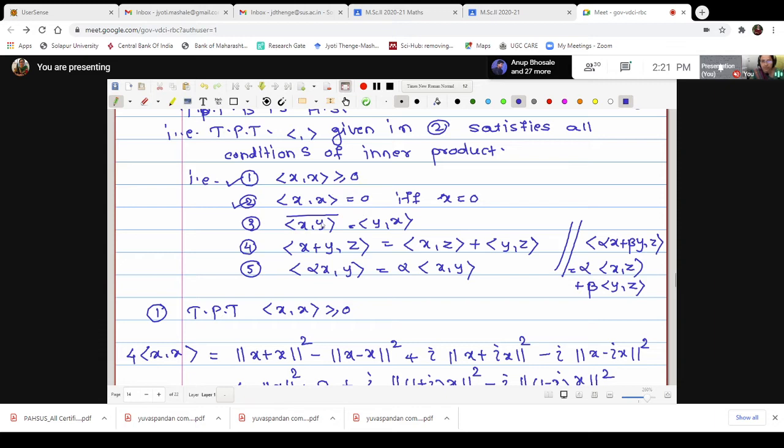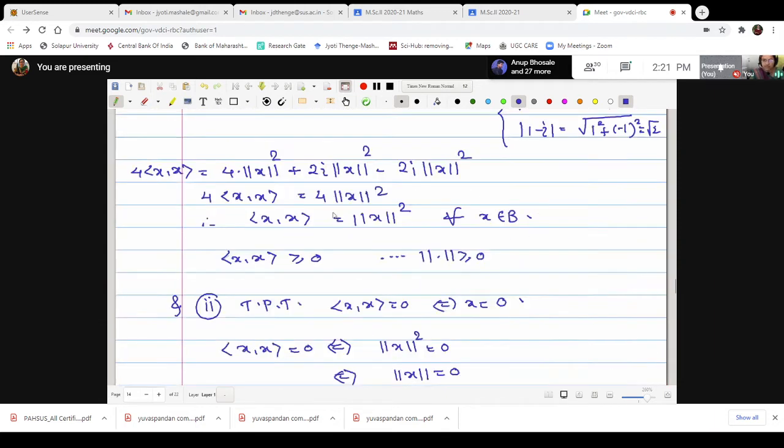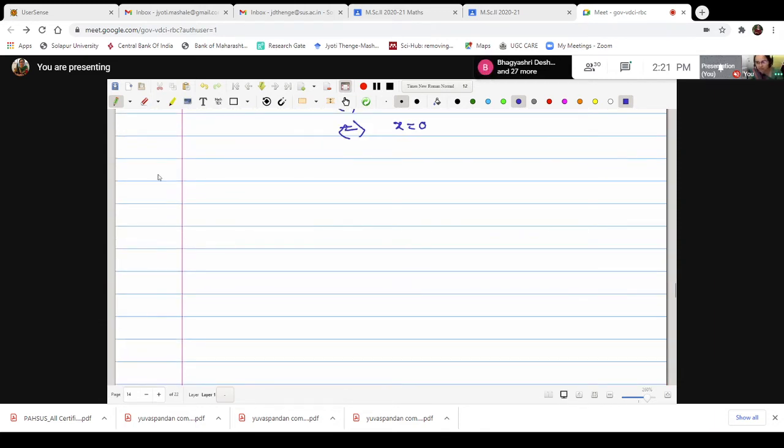Right? Now we will go for the third, conjugate symmetry. In the third step, we want to prove the conjugate symmetry. In the conjugate symmetry, we will write the conjugate of inner product xy is inner product of y with x.